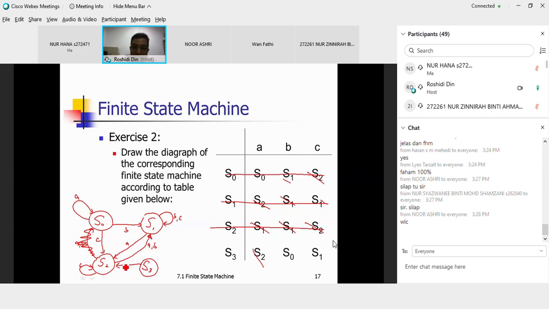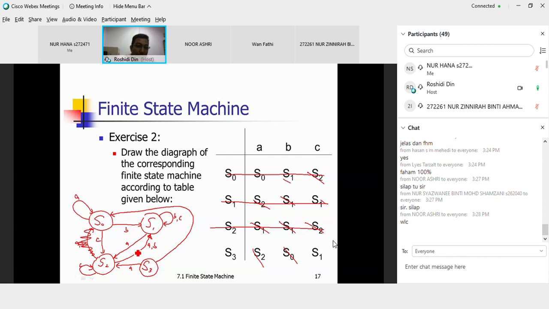Okay. S2 map to S1 provides A and B. And now S3 map to S2, A. S3 map to S0. See, do not cross this mapping. We need to add S3 map to S0 like this one. If you cross, it will be wrong because in engineering, this one cannot be crossed.